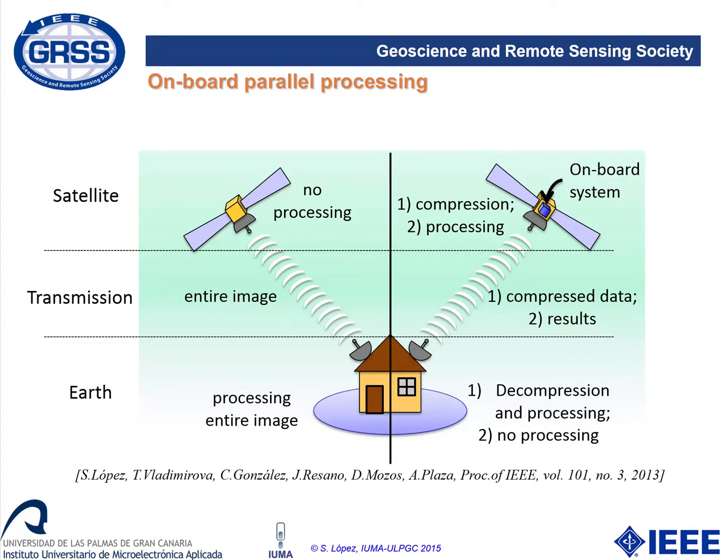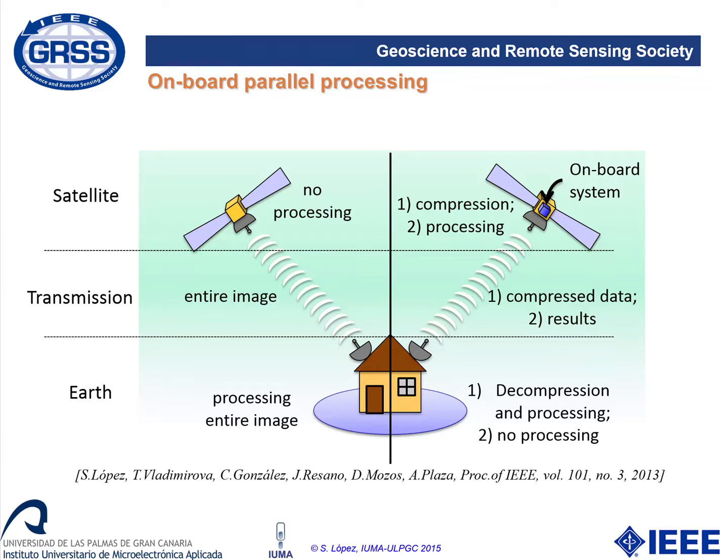So basically this means that from the satellite or from our remote sensing system, we have to transmit to the Earth the entire image, which is a lot of information, and then we have to process the entire image on the Earth. So this may be a problem because the bandwidth that we have from the satellite to the Earth is not that high. So we may need a lot of time to transmit the image, and also a lot of time to process the entire image on the Earth.